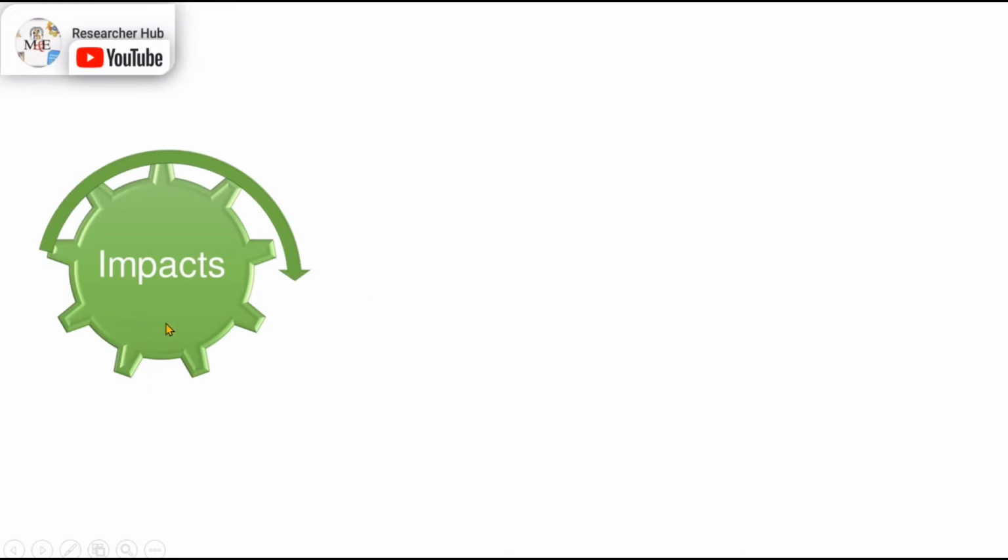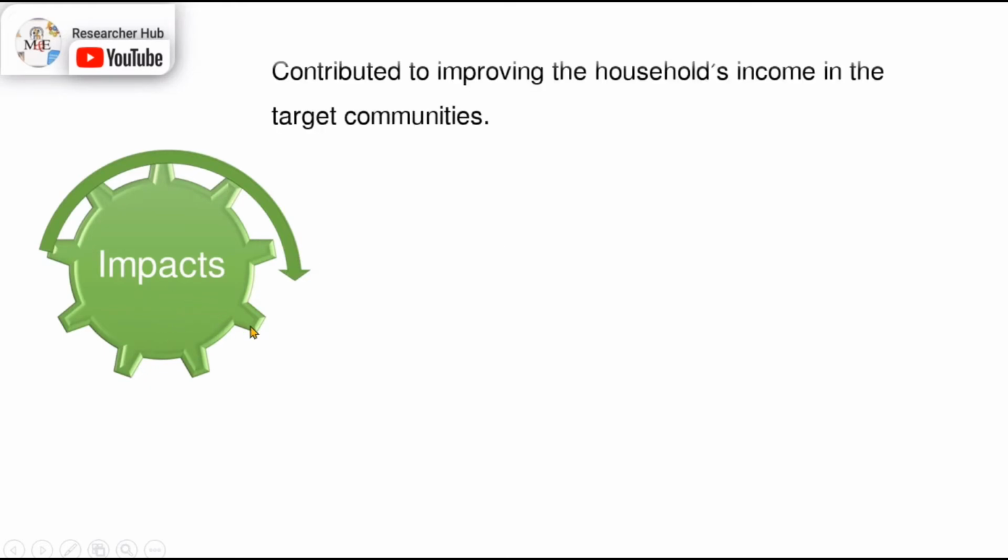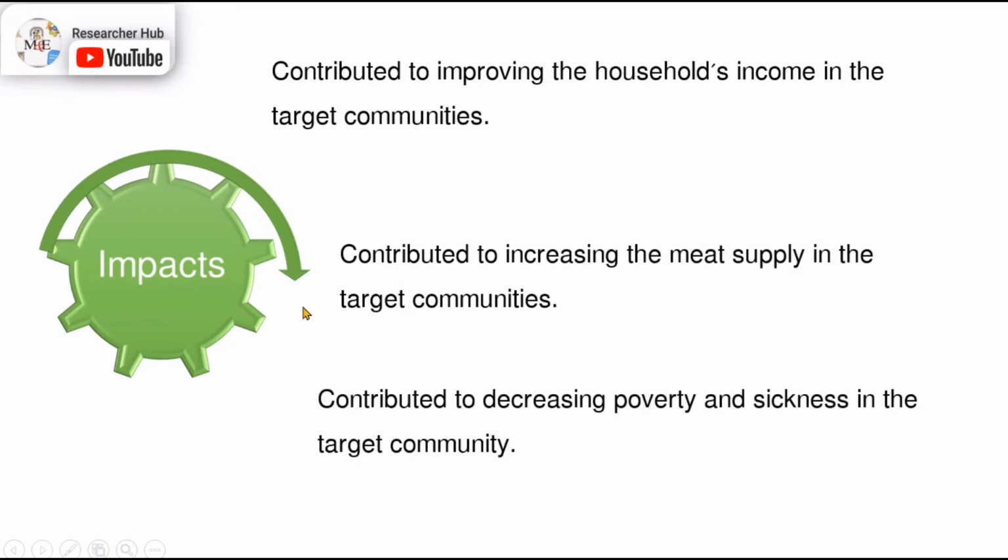They have three expected impacts. The first one is contributing to improving the household incomes in the target community, contributing to increasing the meat supply in the target communities, and the last one is decreasing poverty and sickness in the target community.